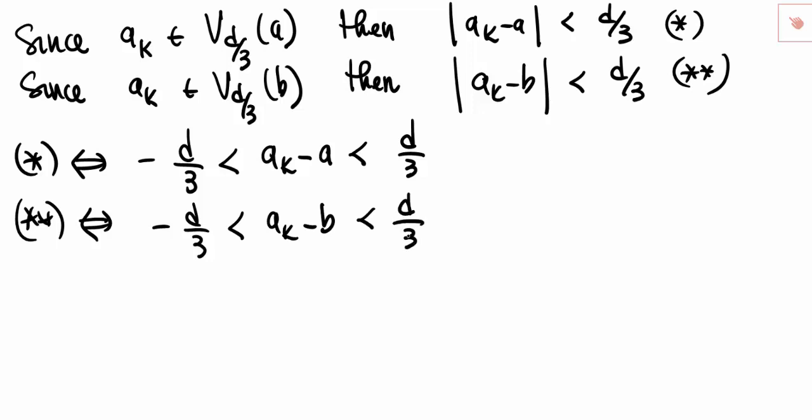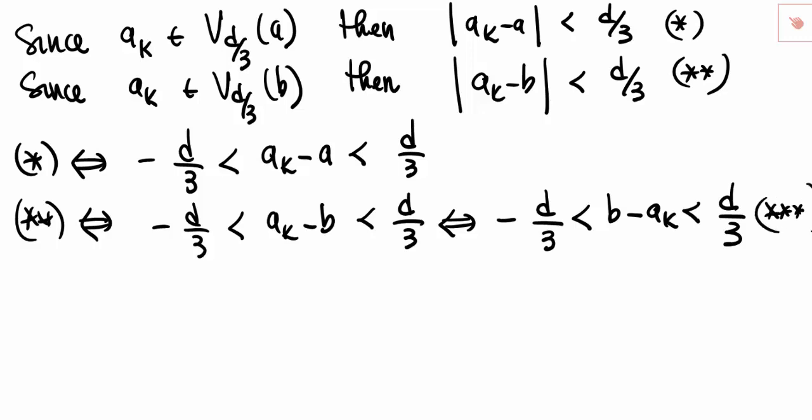Now we'll take the second inequality and multiply by negative 1. It becomes B minus a_k less than d/3, and I'll call this triple star.